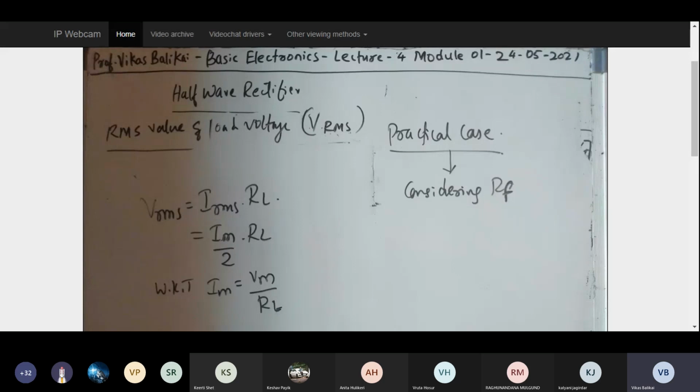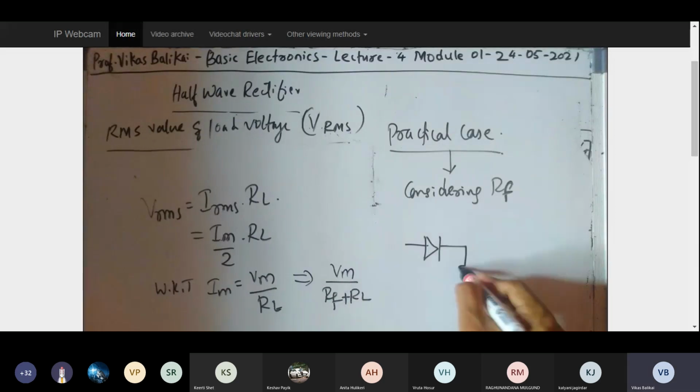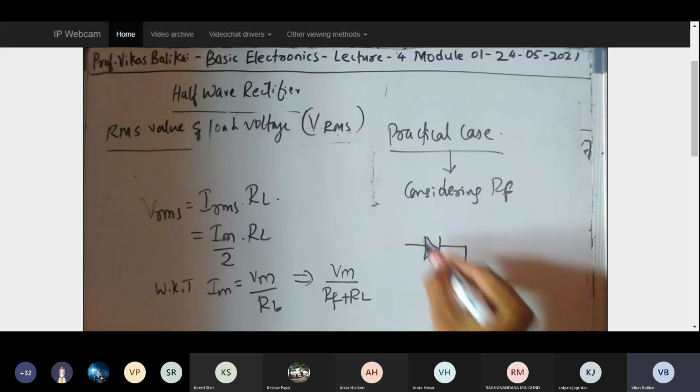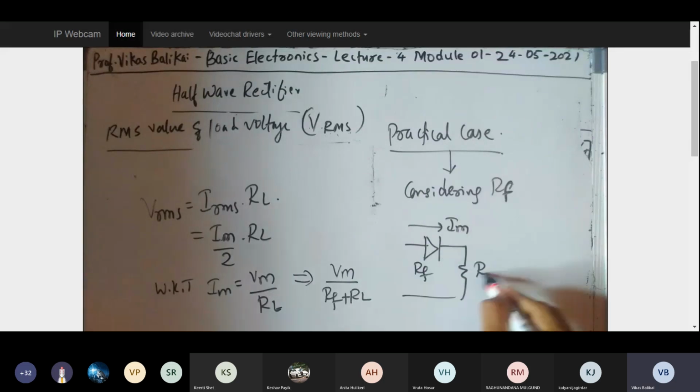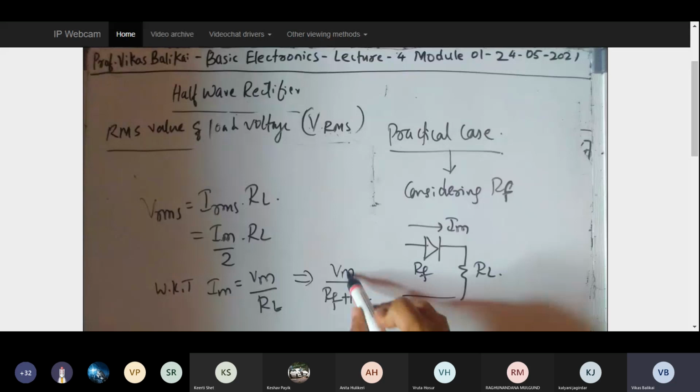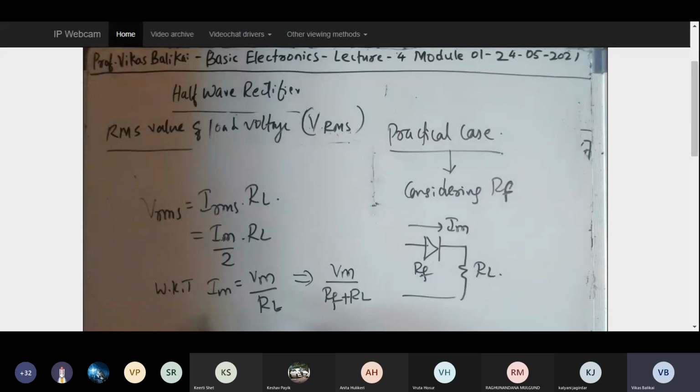Here, in the place of RL, I will be writing RF plus RL. Because for this current Im to flow in the diode, it has to pass through RF and it has to pass through RL. Until and unless it passes through RF and RL, I won't be able to get the voltage Vm. Hence, when I write the equation for Im, there only you are supposed to add the RF, not somewhere else. Please remember this properly, because otherwise it will lead to a lot of confusion.